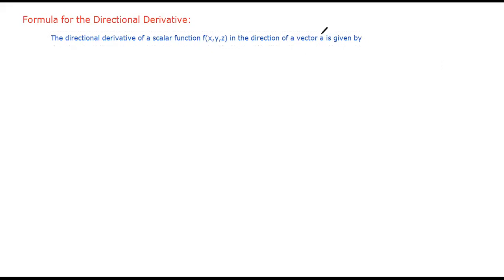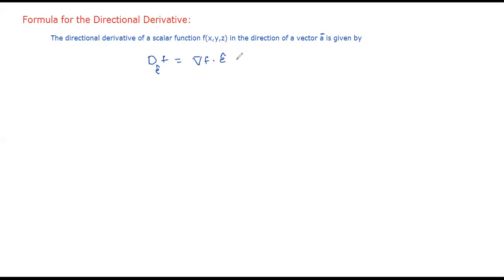So what kind of vector is it? It's some vector, not necessarily a unit vector. You can always make this vector into a unit vector by dividing it by its magnitude. What is the directional derivative notation? The derivative of f in the direction of a unit vector is equal to del f dot e cap.